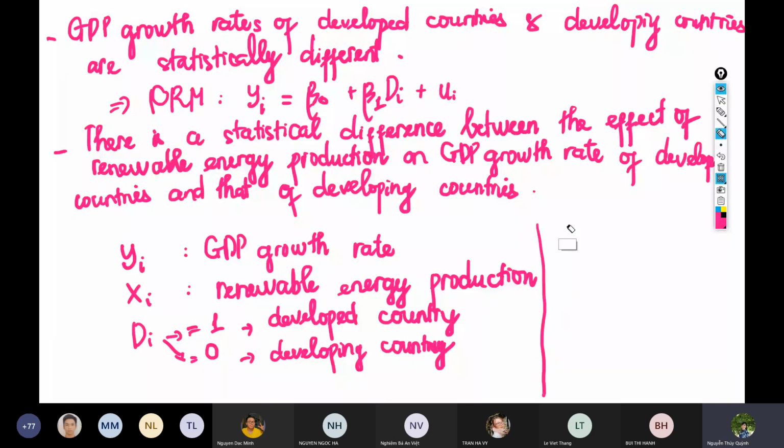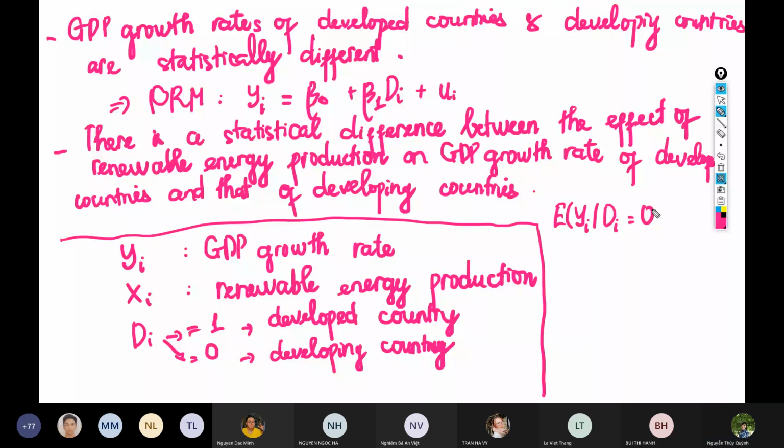The expected value of yi given d equal to 0 is equal to beta 0.